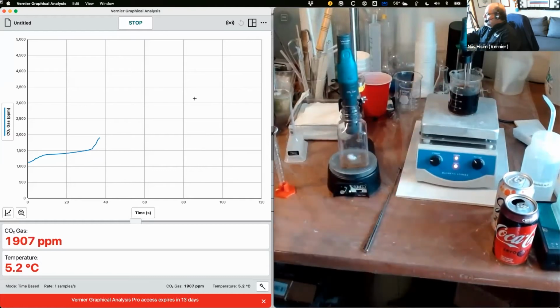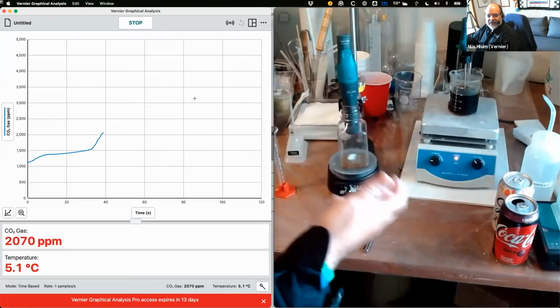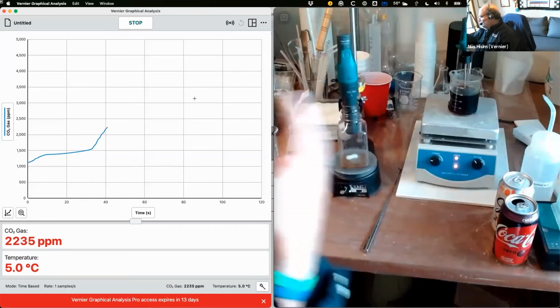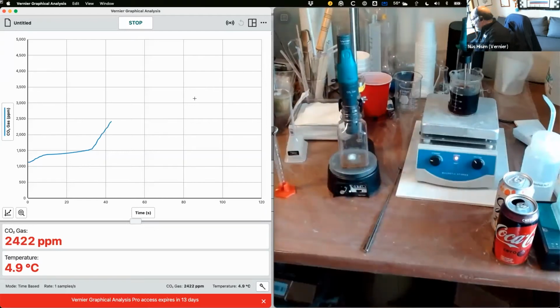With this one, you want about a 5-degree difference between samples, 5 or 10 degrees. You don't want it to shoot up to boiling. Just a gentle heat.